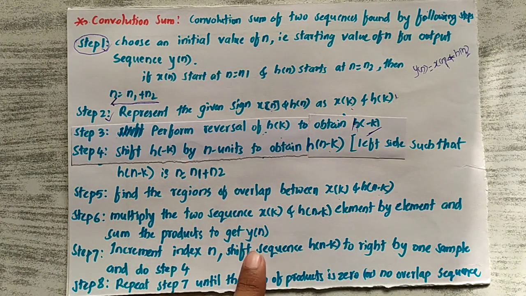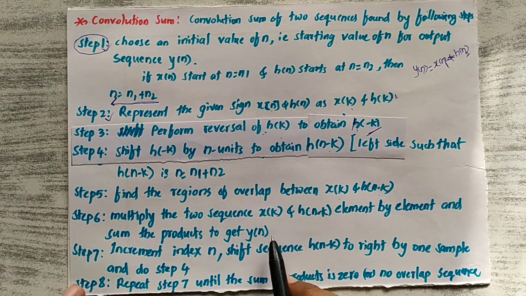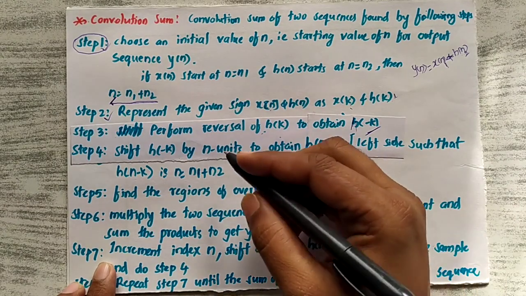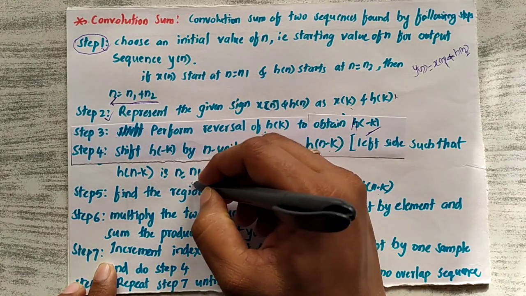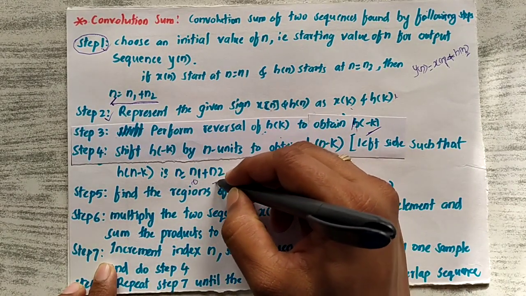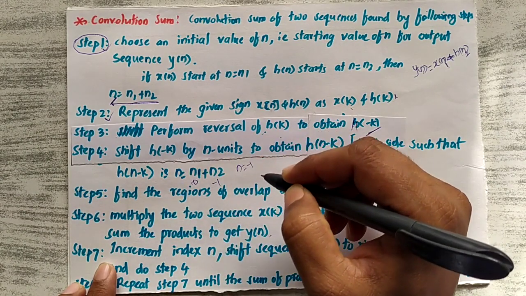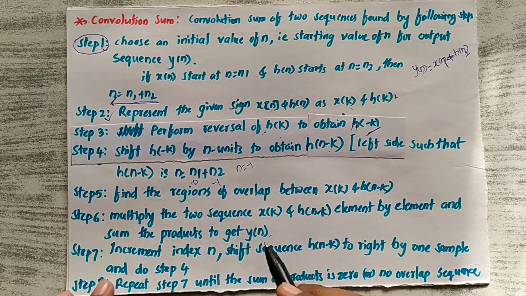Now increment the index n. Suppose the initial value of n1 is 0 and n2 is minus 1. If you add them, n will start at minus 1. Next it has to be incremented, so n equal to 0 here, and do the same thing as from step 4.